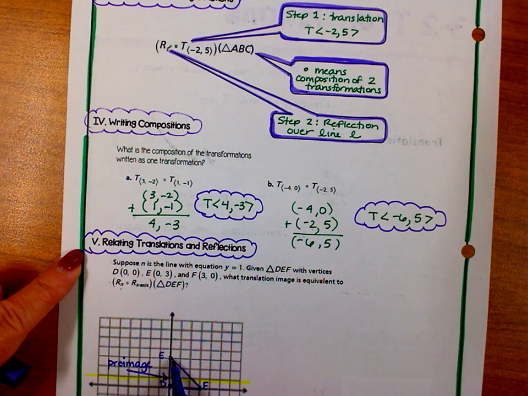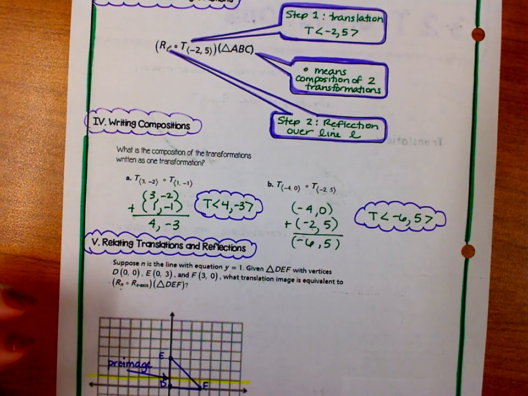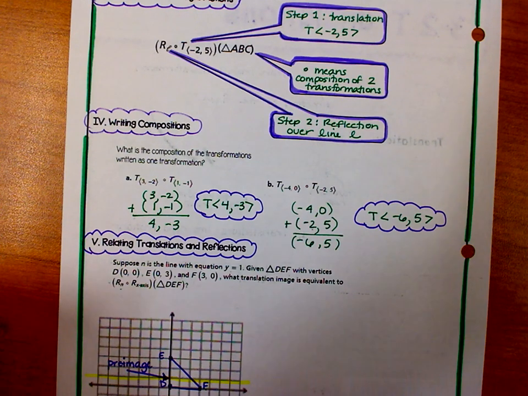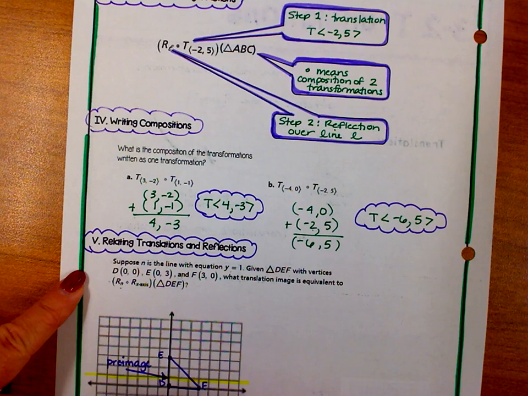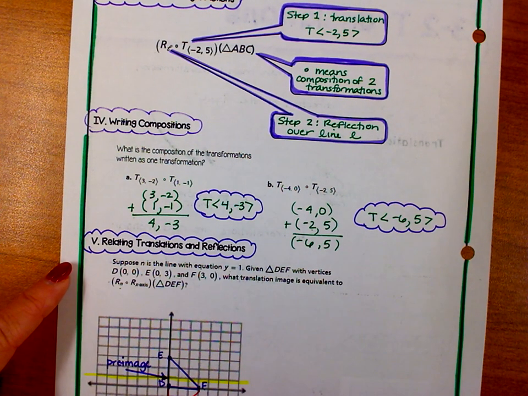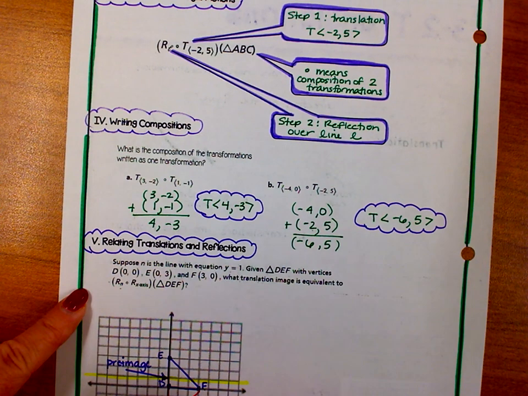This point E is going to come down. We count 1, 2, 3, and then 1, 2, 3, so it's going to be right here. Okay, so we end up with this reflection right here. This would be D prime, F prime, and E prime.